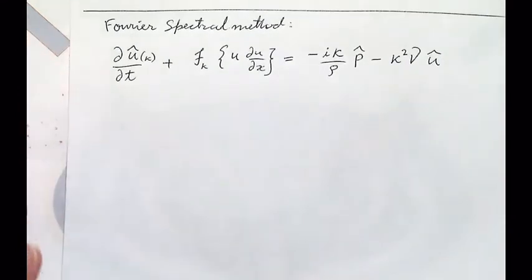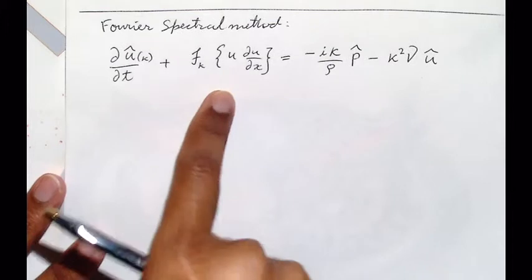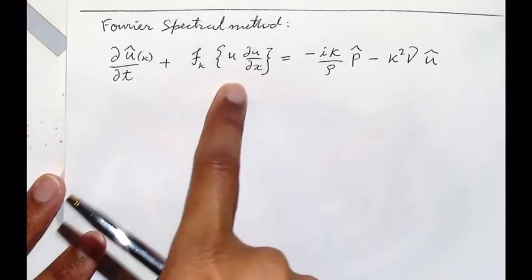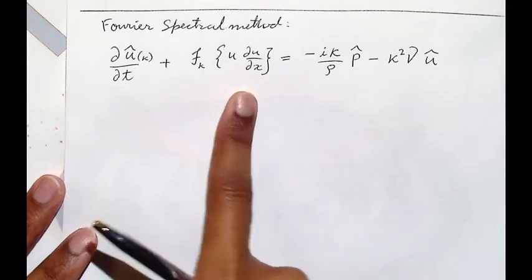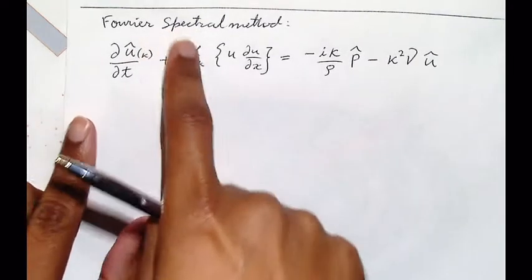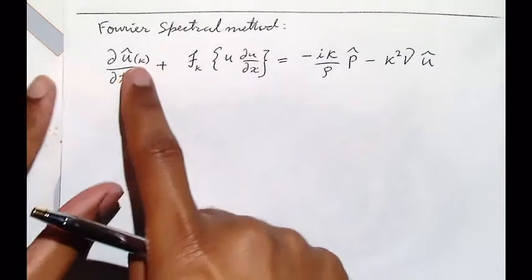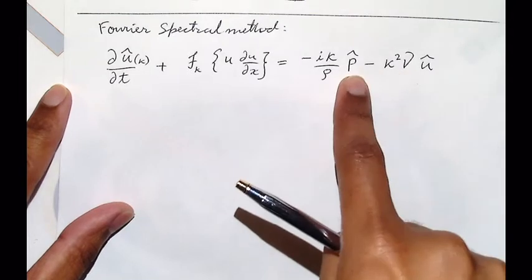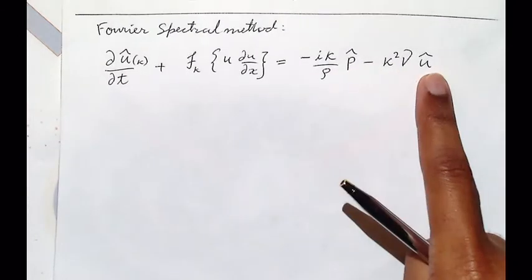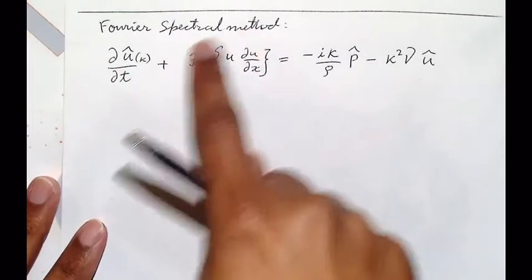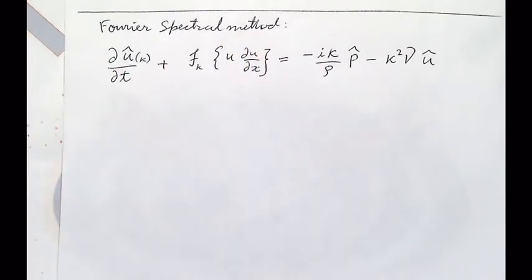Right? And we talked about how this term needs to be evaluated in real space because in Fourier space this would be a convolution, which is very expensive. Okay? And the advantage of using Fourier methods is all our space derivatives have disappeared. dp by dx becomes i kappa p hat. d2u by dx squared becomes minus k squared u hat. Just this nonlinear term is the main issue.